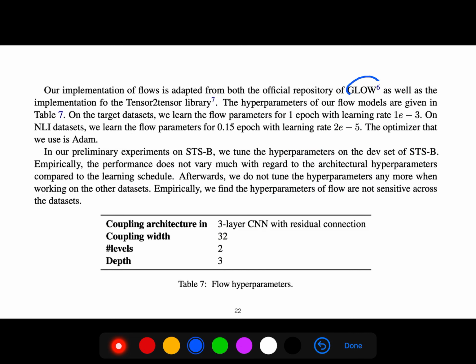Their implementation is based on this paper, as I said, and they tune hyperparameters, with 2 levels and coupling width of 32. For the coupling architecture, they use a 3-layer convolutional neural network with residual connection.